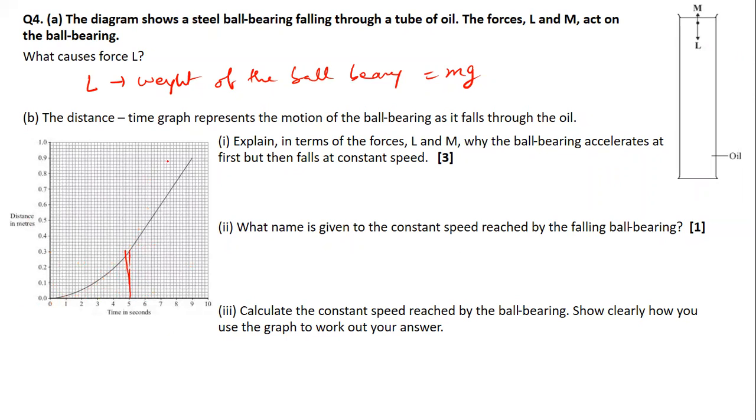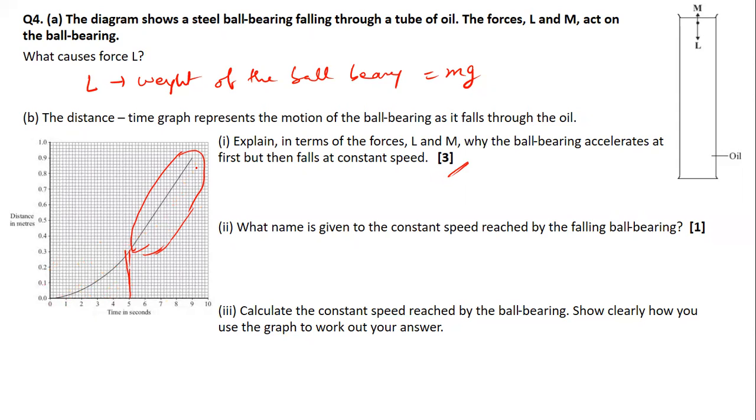After that, in this region, it appears to be a straight line. So this region is an accelerated one. Now he's asking, for 3 marks, why is the ball experiencing an acceleration here, and why is it moving this way?